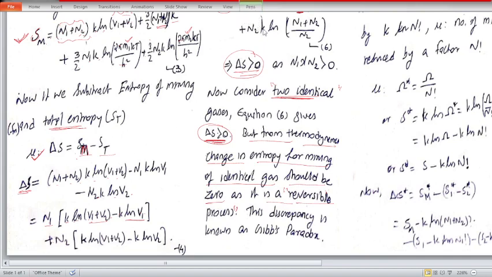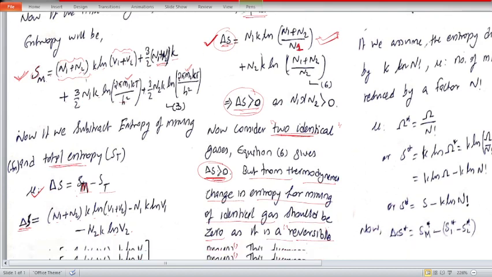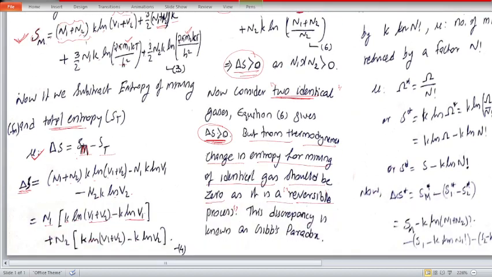So when it is a reversible process, delta S should be 0. But if you apply this equation, the number of particles will be a positive quantity, so delta S will be greater than 0. So by the equation, we get delta S greater than 0, but by thermodynamics, for a reversible process or mixing of ideal gases, delta S should be equal to 0. This discrepancy is known as Gibbs paradox.